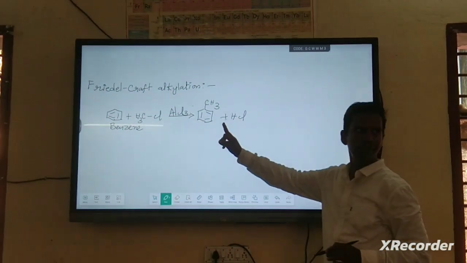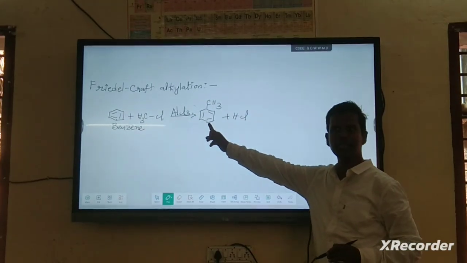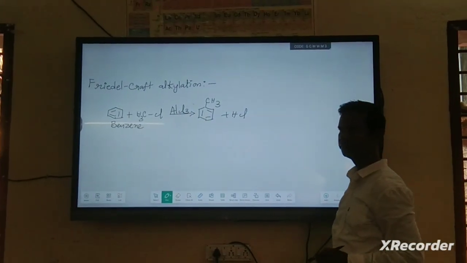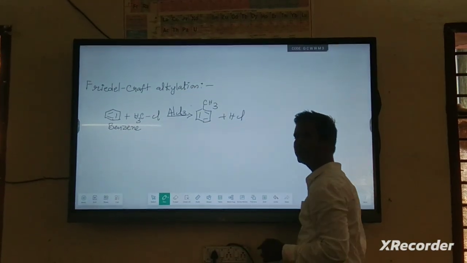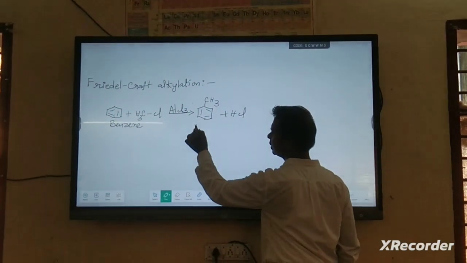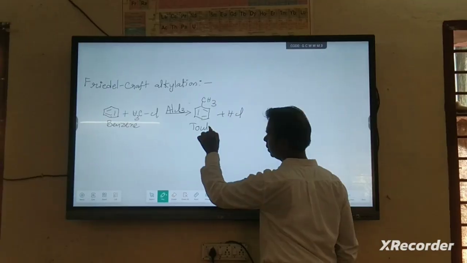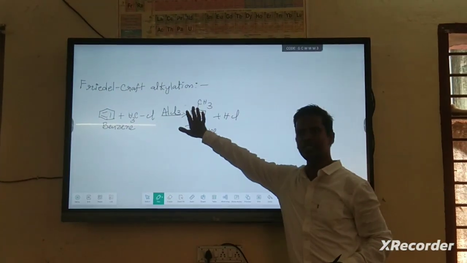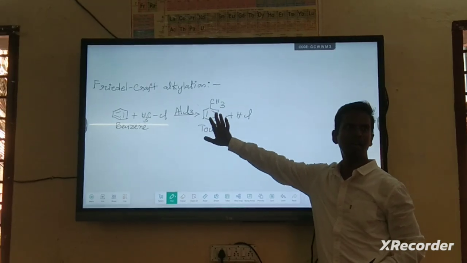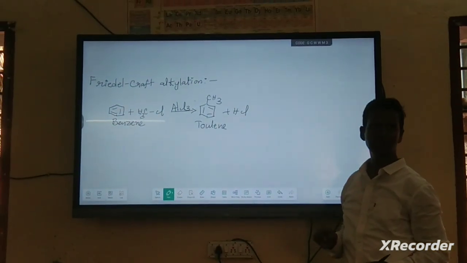Can anybody tell what is the name of this? There is chlorine here. Toluene, or methyl benzene. Toluene or methyl benzene. Okay.